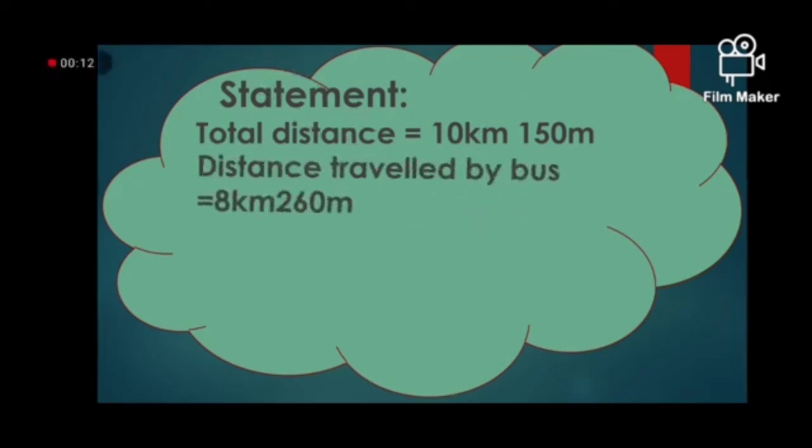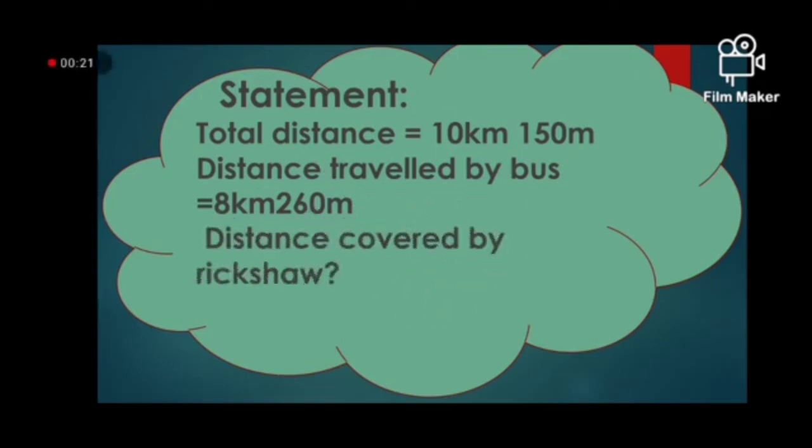Statement number 1 is the total distance. The total distance is equal to 10 kilometer and 150 meter. Distance travelled by bus is 8 kilometer and 260 meter, and the distance covered by rickshaw is equal to question mark. We have to find the remaining distance travelled by rickshaw.